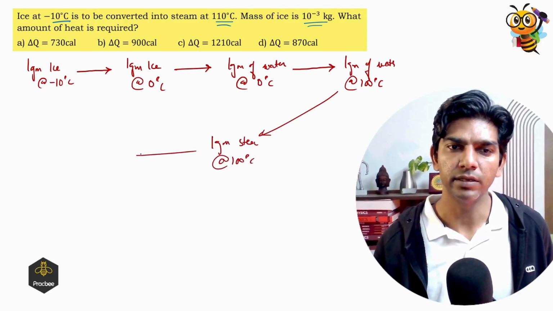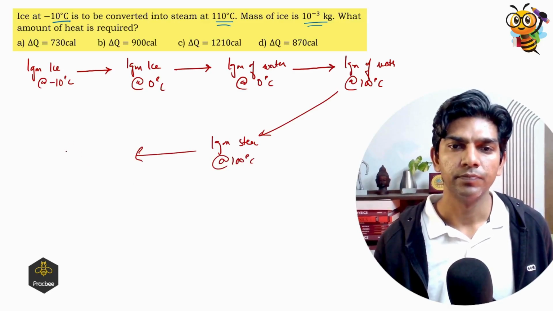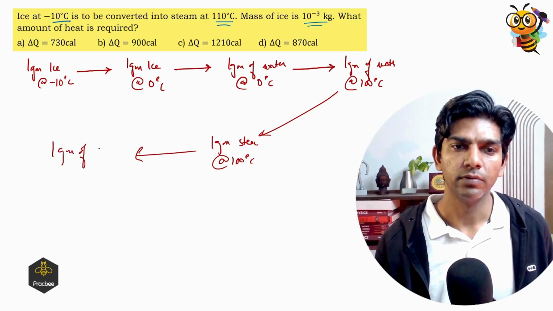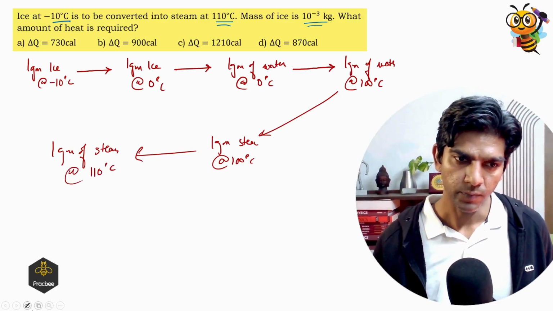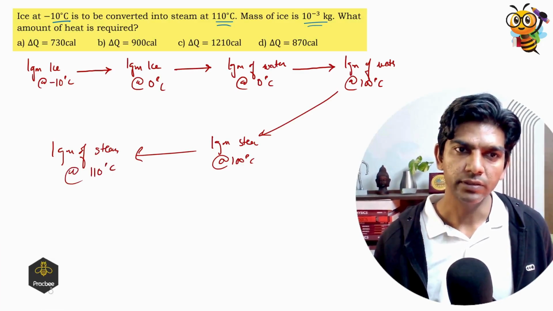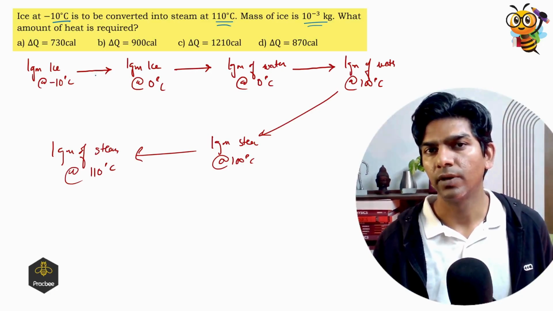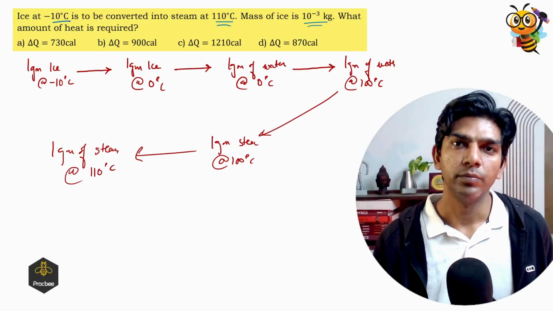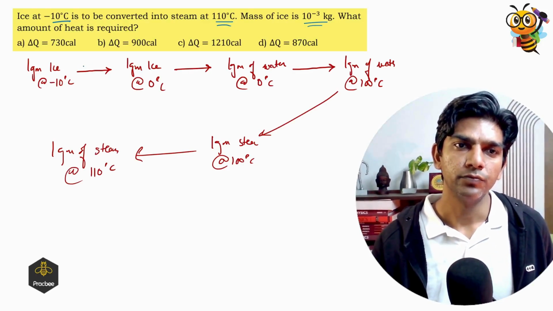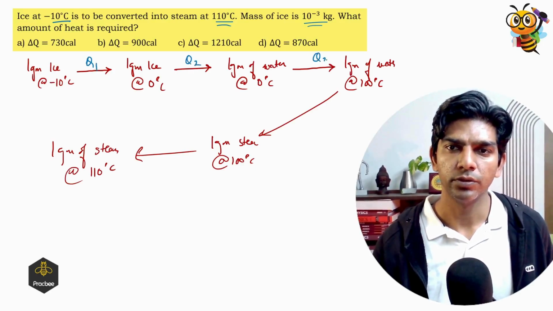Then we'll increase the temperature of the steam. So it will be 1 gram of steam at 110 degrees Celsius. Here I'm assuming the specific heat capacity of ice is 0.5 calories per degree Celsius per gram. Let me call these heats Q1, Q2, Q3, Q4 and Q5, right?